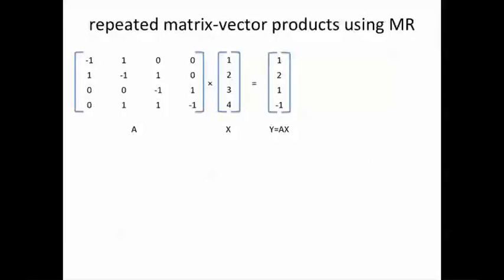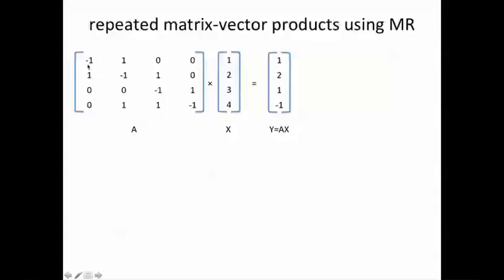The problem that we consider is matrix vector multiplication. For those of you who have forgotten your linear algebra, a matrix looks something like this, and a vector is a one-dimensional version, whereas the matrix is a two-dimensional array. When you do matrix vector multiplication, what you're really doing is taking a row and multiplying every element of this row by the corresponding element of this vector, and then summing everything up.